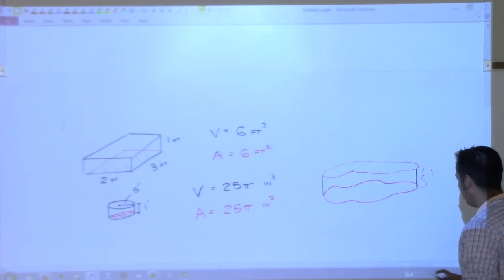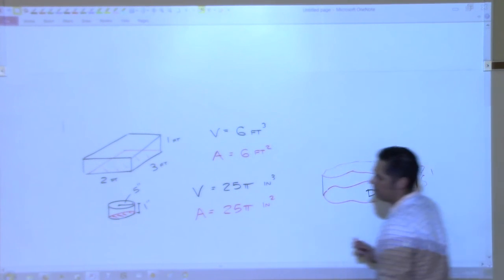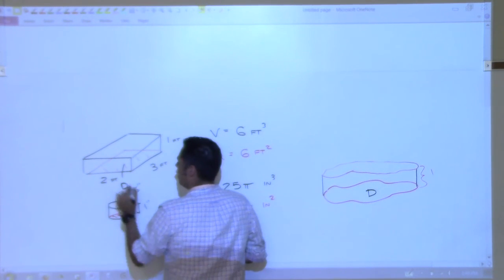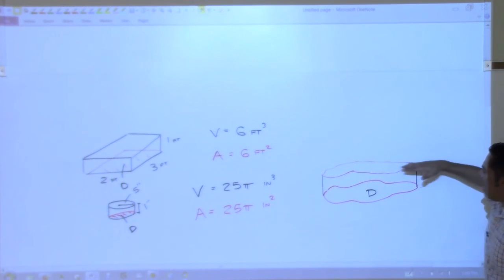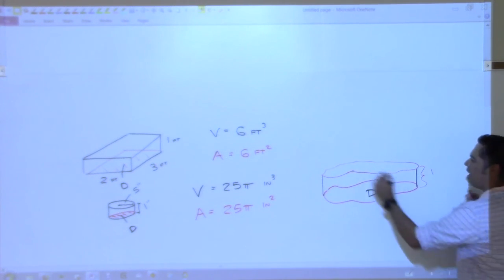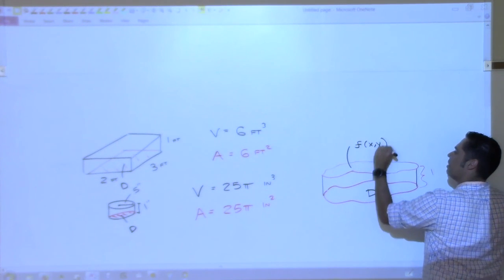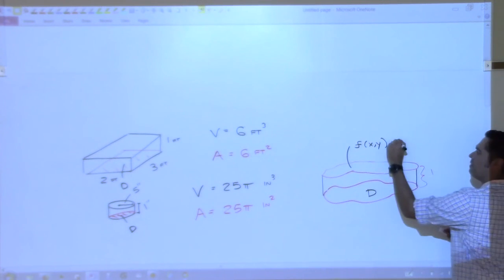So what I'd like for you to now consider is that in all of these problems, we call the bottom here D. That's our domain on the ground, right? And then this top piece right here is our top surface. Since I want it to be 1 unit high, I'm going to just define it to be 1.